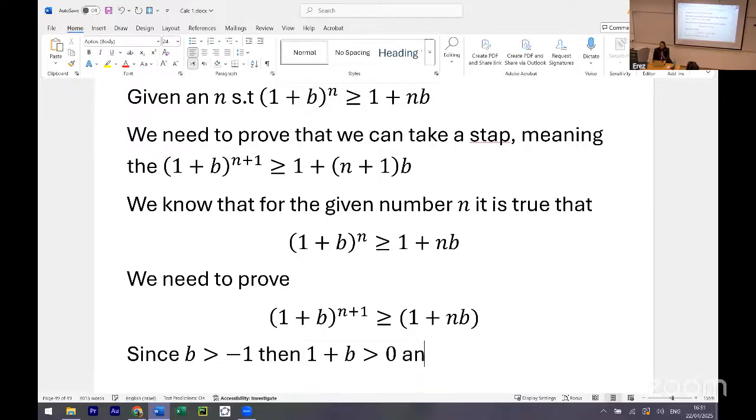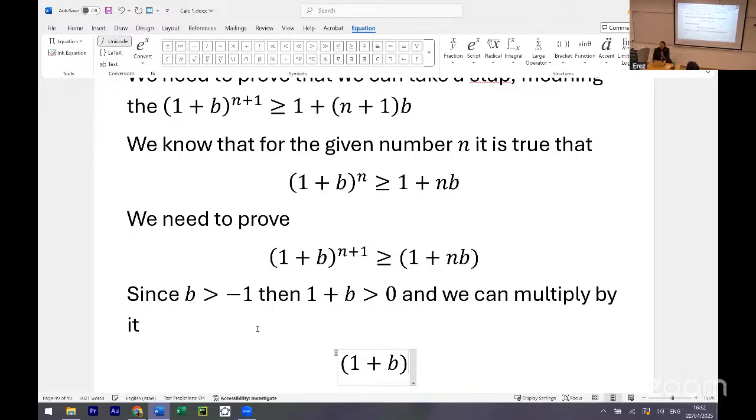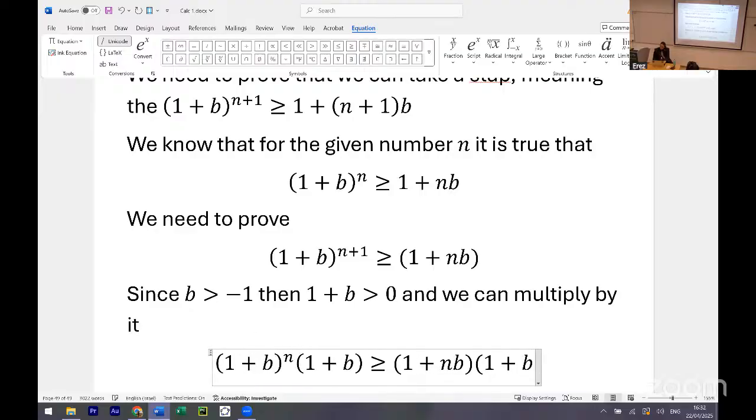Now, since b is larger than minus 1, then 1 plus b is larger than 0, and we can multiply by it. That's the reason for the more than minus 1. So I multiply both sides of the inequality. I know that holds. So 1 plus b to the power of n times 1 plus b is larger or equal to 1 plus nb times 1 plus b.